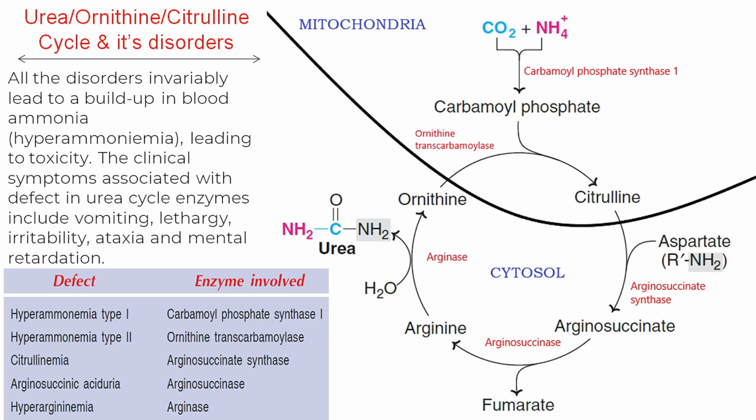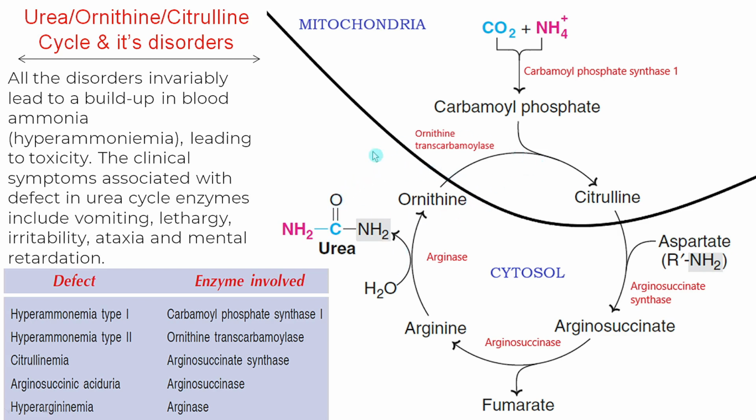This carbamoyl phosphate combines with ornithine to form citrulline with the help of the enzyme ornithine transcarbamoylase. Then citrulline combines with aspartate to form argininosuccinate with the help of argininosuccinate synthetase. Argininosuccinate gives fumarate out, and the enzyme argininosuccinase acts during this process to form the amino acid arginine. Hydrolysis, addition of water to this arginine with the help of the enzyme arginase, yields urea, and ornithine is formed, which goes back and continues the cycle.